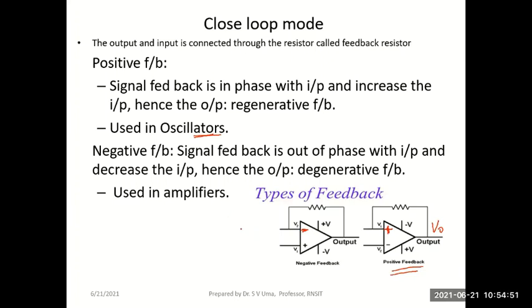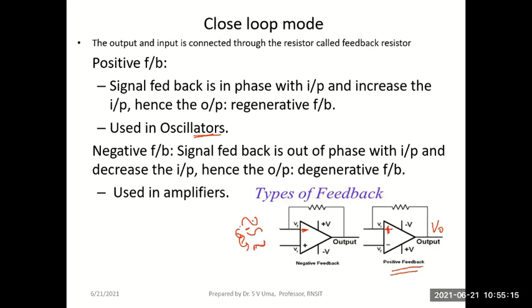It will become out of phase. If the voltage at the inverting terminal was like this, the feedback signal will be out of phase. So what will happen? It will end up getting subtracted. I will have this minus this, and you will have a very low value of input signal.